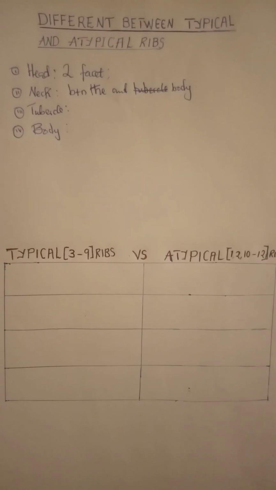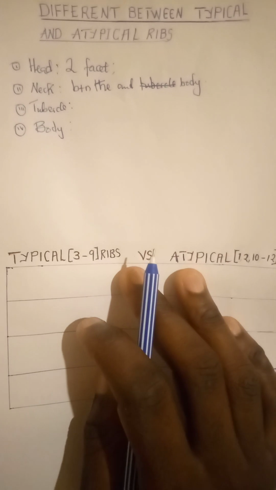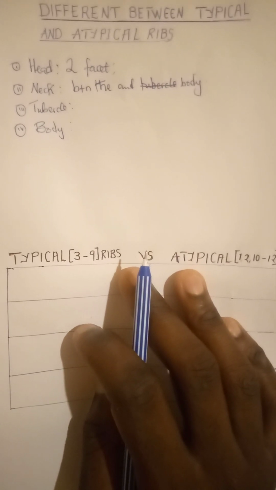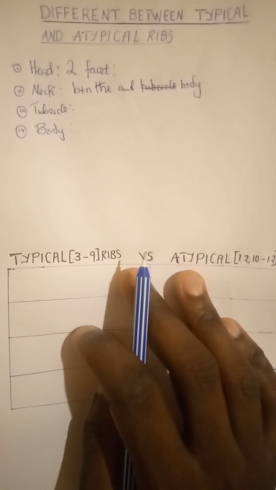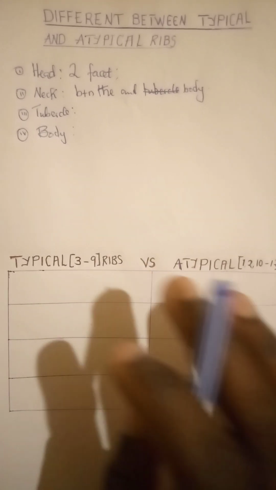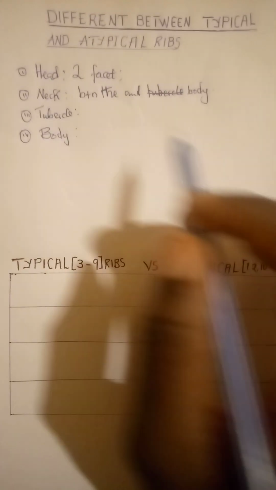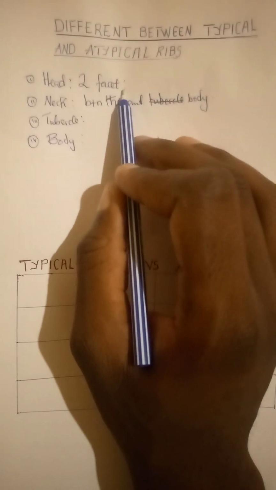You realize they all have a head, and under the head it has two facets.